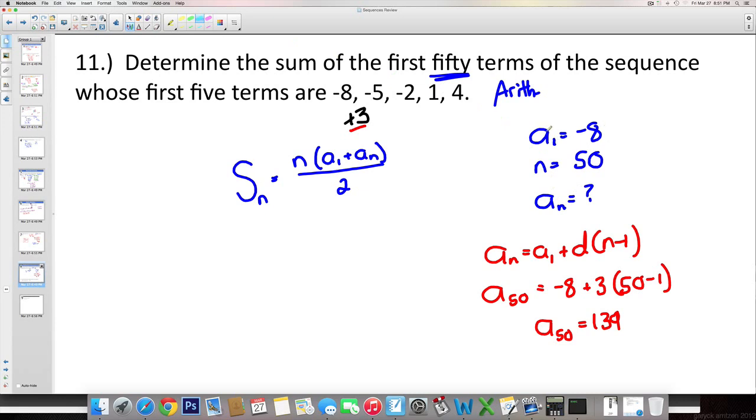We have the first term, the number of terms, and we have the last term, which is 139. We can go ahead now and just substitute this right in.